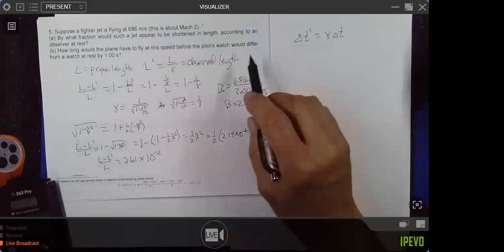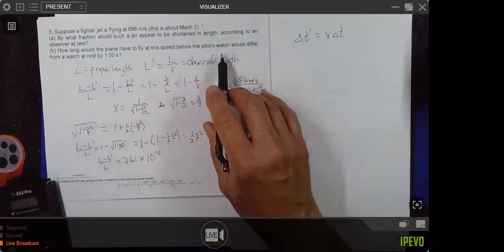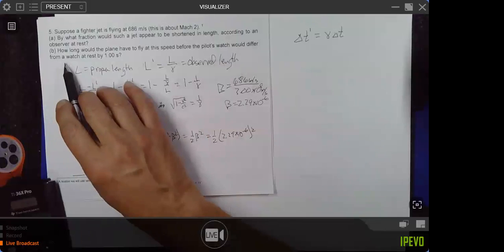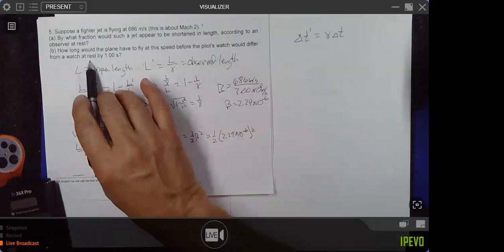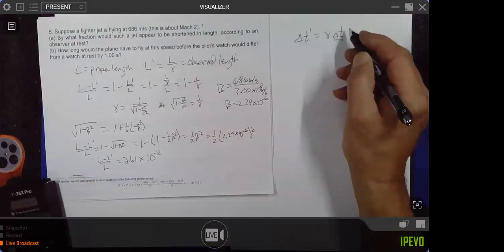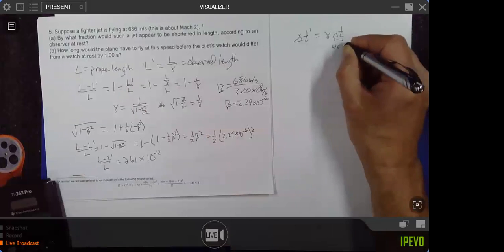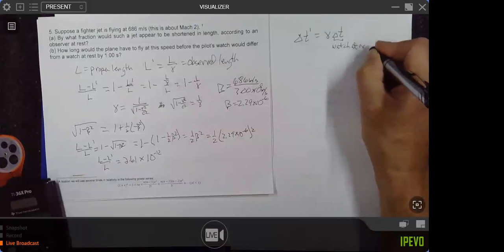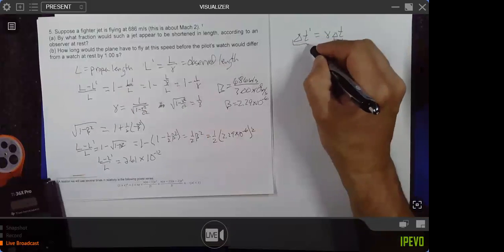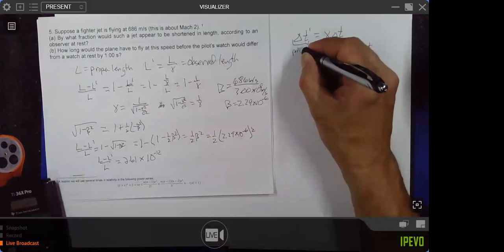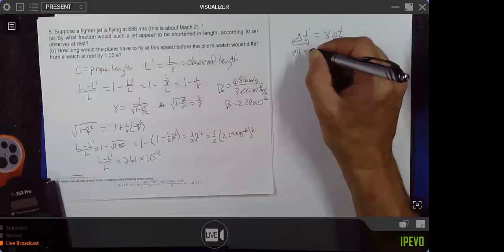Let's see. Yeah, and it will differ from a watch at rest by 1.00 seconds. So this is the watch at rest. And this will be the pilot's watch, I guess. Let's see.